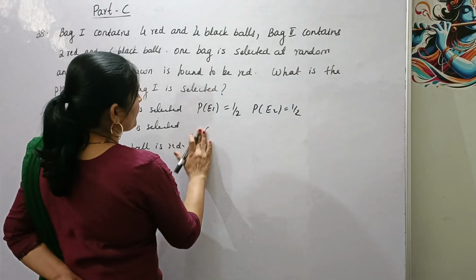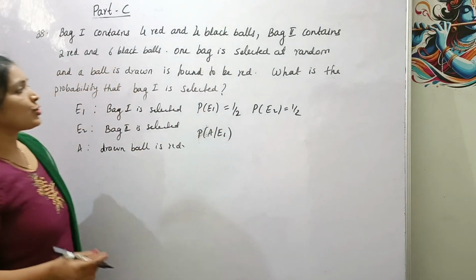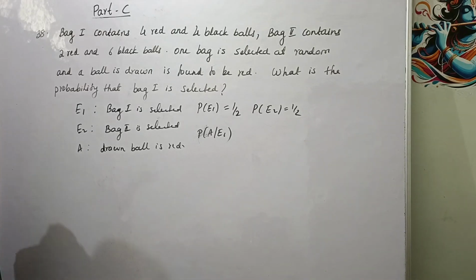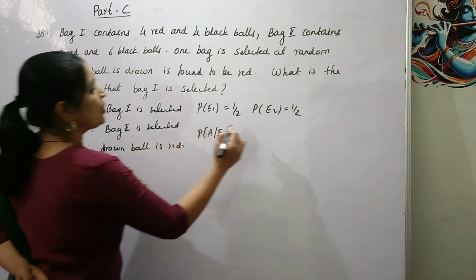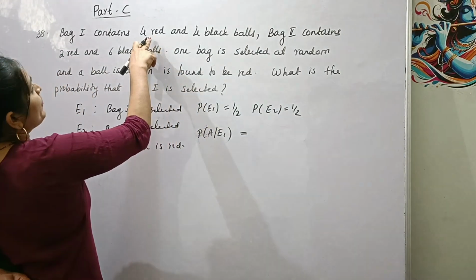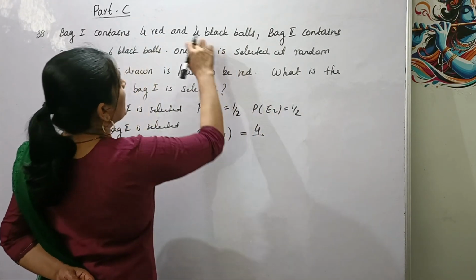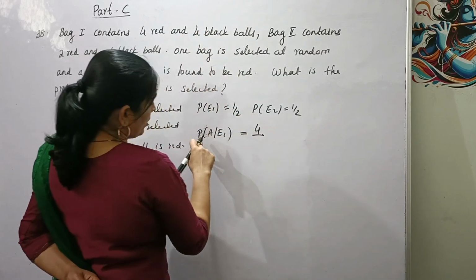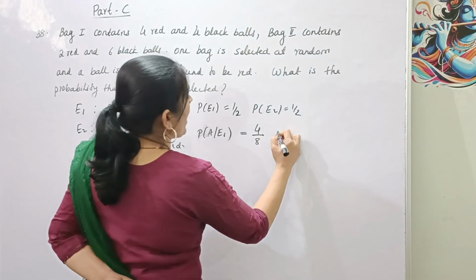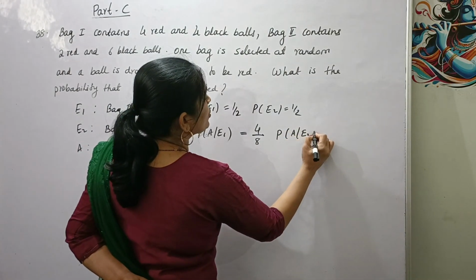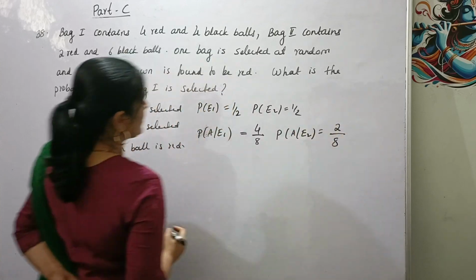And probability of A given E1, that is drawn ball is red given that bag 1 is selected: in bag 1 there are 4 red balls and total 8 balls. So probability of A given E1 is 4 by 8 and probability of A given E2 is 2 divided by 8.